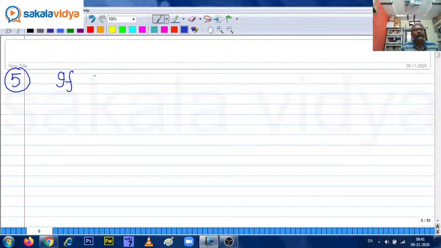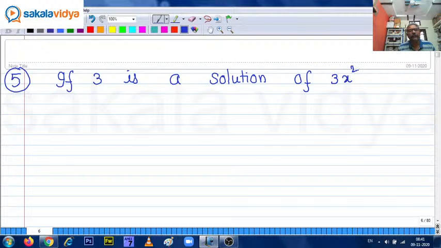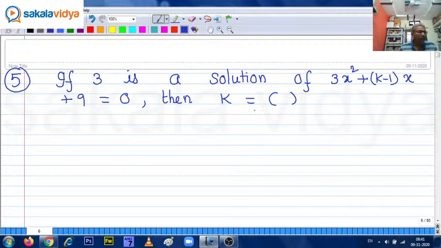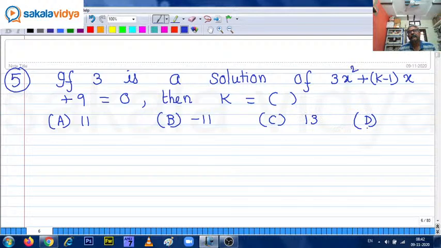If 3 is a solution, root and solution are the same, don't worry, of 3x square plus (k minus 1)x plus 9 equals to 0, then the value of k is option A 11, option B minus 11, option C 13, option D minus 30.